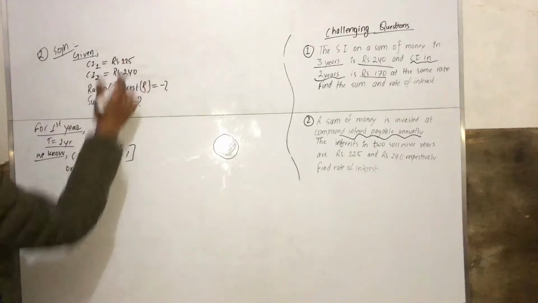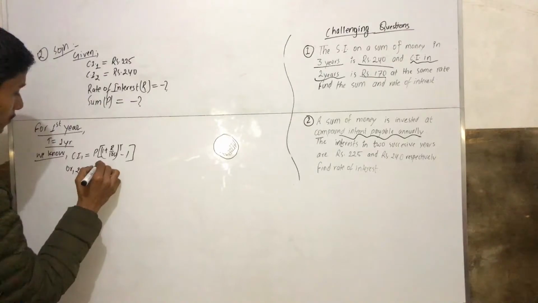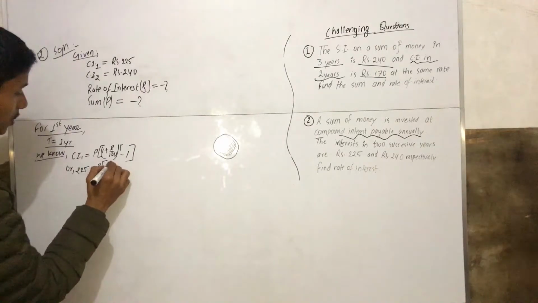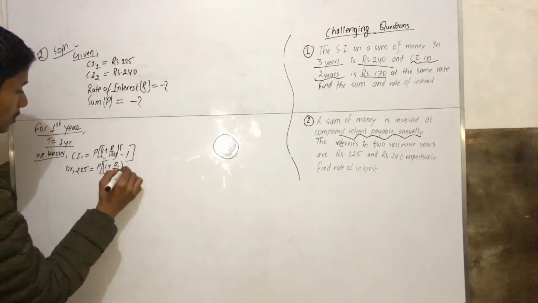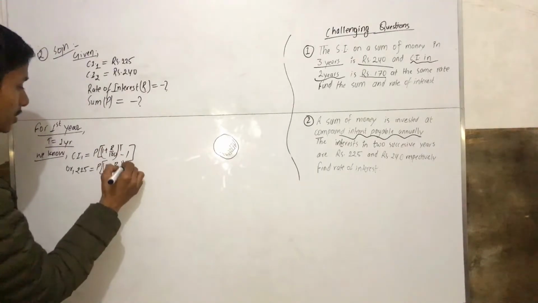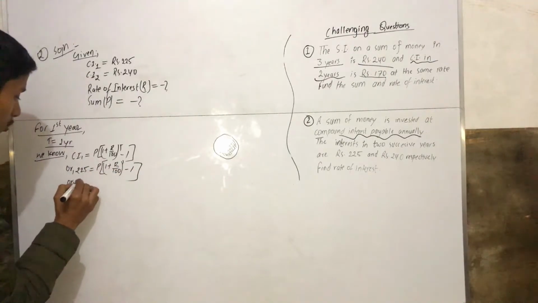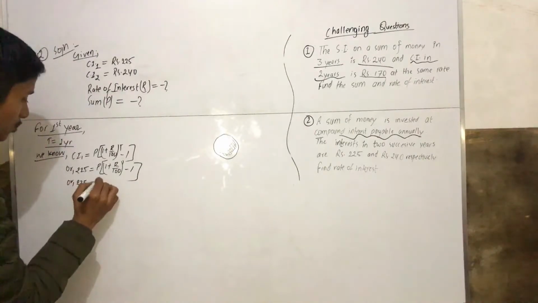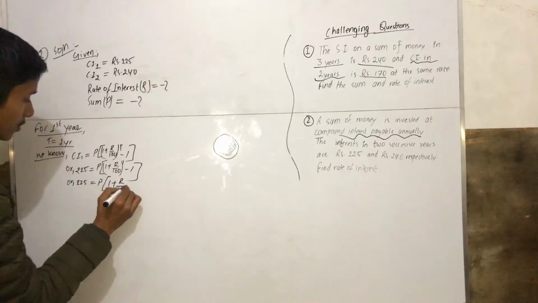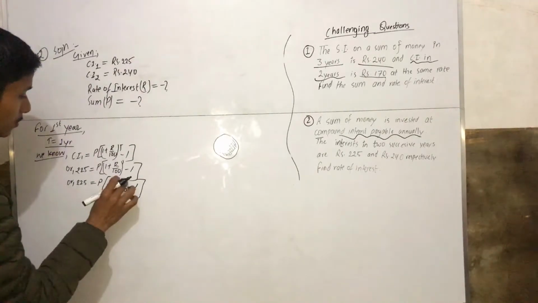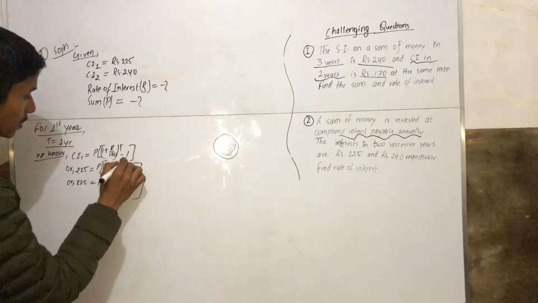Here our CI1 is 225 is equal to P times (1 plus R by 100), and here instead of t there is 1. Here time is 1 year. 225 is equal to P times (1 plus R by 100 minus 1), because here the power is 1.